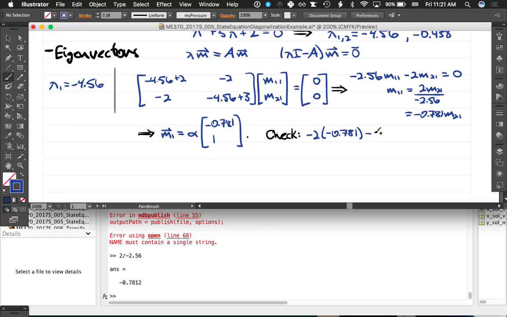Well, I'll do minus 1.56 because it's negative, times m21, which is just 1. And does this equal 0 is the question. If you do this calculation, you guys can just trust me. It is good. Now, we did some rounding here, so it might be like 0.001 or something, but that's a good check. The reason that this solution satisfies both is that these two equations are not linearly independent.